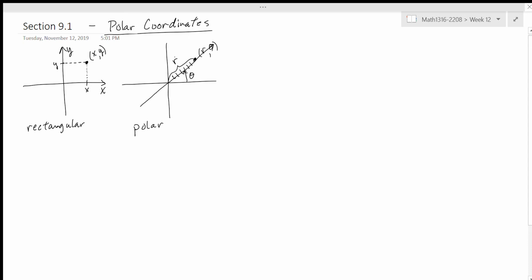Okay, so one more thing. If you're given a sheet of graph paper in the rectangular coordinate system, you know your graph paper looks like a chessboard. In the polar coordinate system, your graph paper looks like a dartboard.